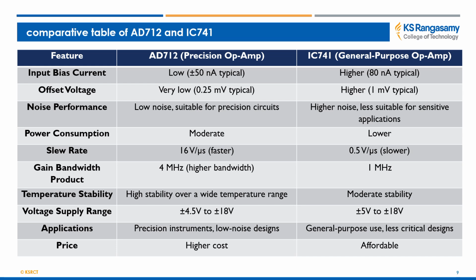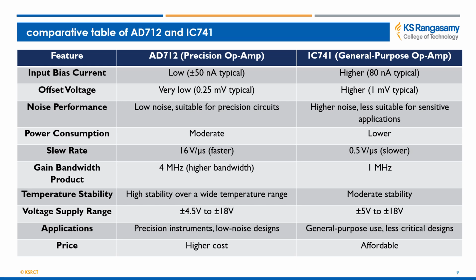Voltage supply range: AD712 has plus or minus 4.5 volt to plus or minus 18 volt, and IC741 has plus or minus 5 volt to plus or minus 18 volt. Application: AD712 is used in precision instruments and low noise designs, while IC741 is used in general purpose, less critical designs.